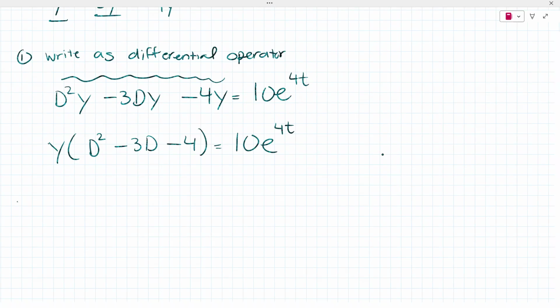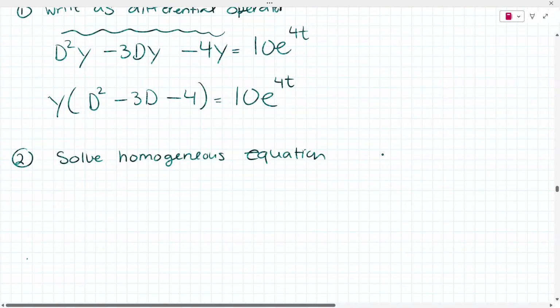So step 2, we've got to find the homogeneous and complementary solution.